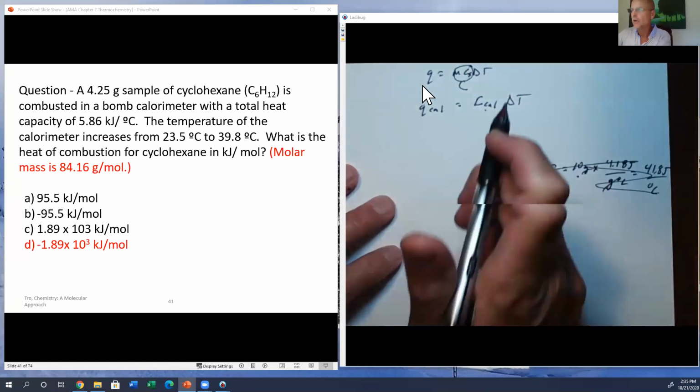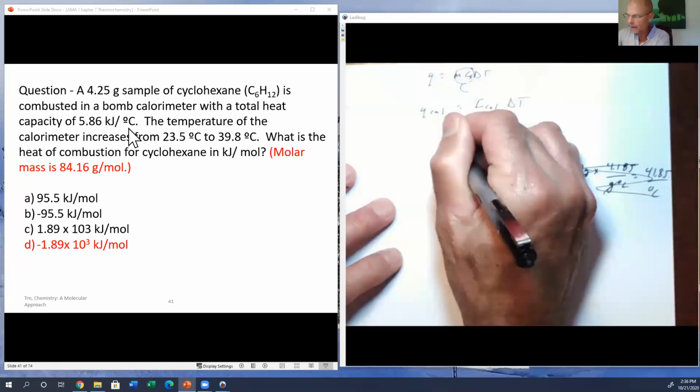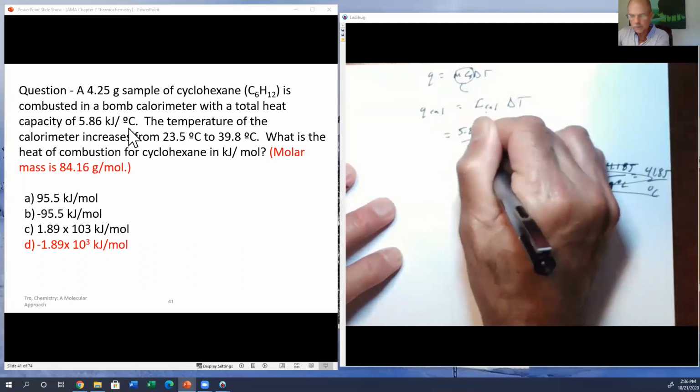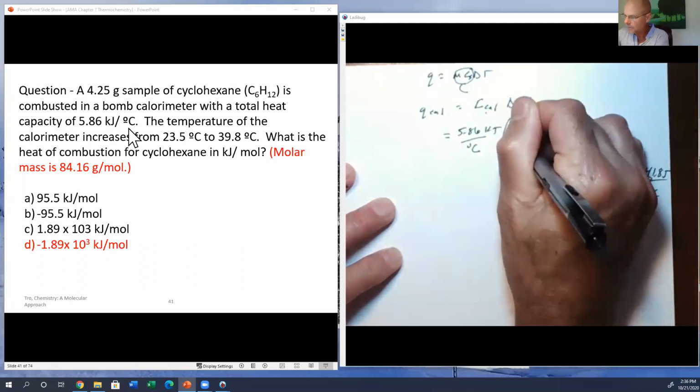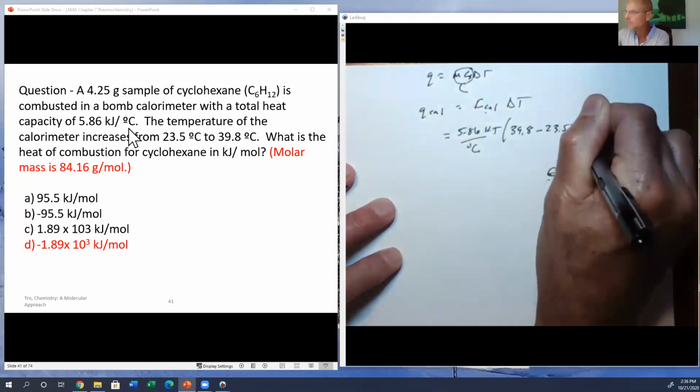Does that make sense? So notice the units, instead of being kilojoules or joules per mole degree Celsius, is just kilojoules per degree Celsius. All right, so you plug into that and you get 5.86 kilojoules per degree Celsius times 39.8 minus 23.5 degrees Celsius.